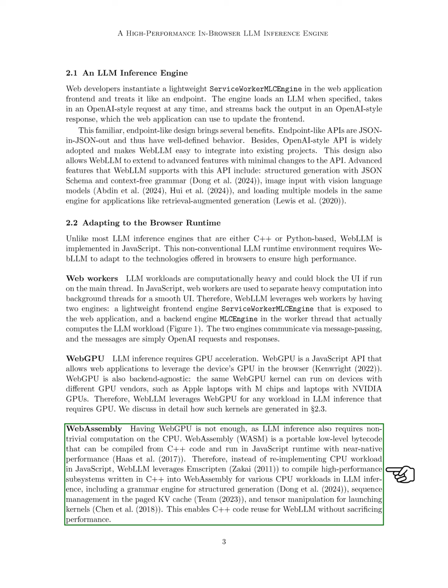Instead of rewriting CPU tasks in JavaScript, we utilize Emscripten to compile high-performance C++ subsystems into WebAssembly for various CPU tasks in LLM inference. This includes components like a grammar engine for structure generation, sequence management in the paged key value cache, and tensor manipulation for executing kernels, allowing us to reuse C++ code without losing performance.